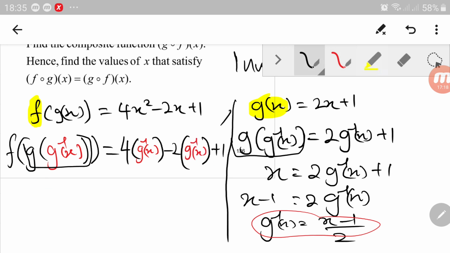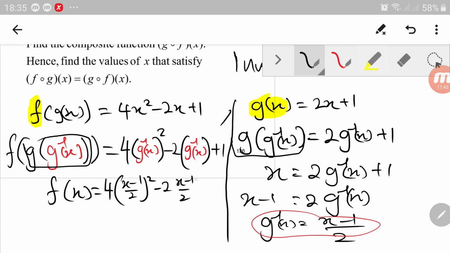So this one becomes fx equals, square, forgot, sorry. So 4 g inverse, that one. The g inverse is this one. Yes, correct. X minus 1 over 2 square. Right hand side minus 2, x minus 1 over 2 plus 1.